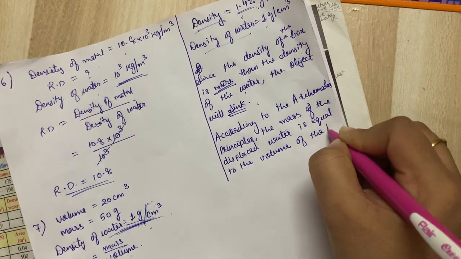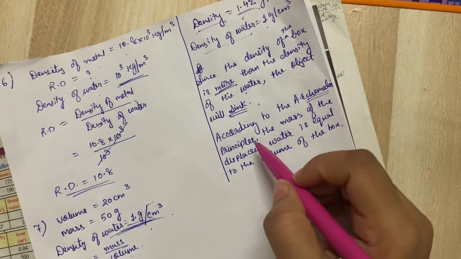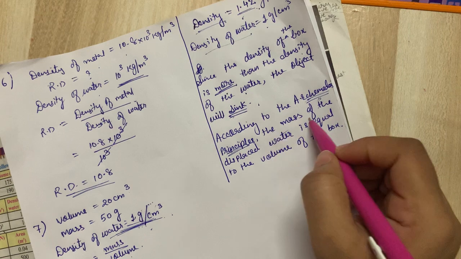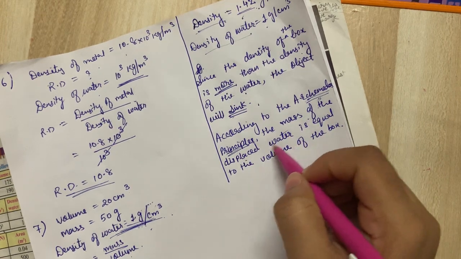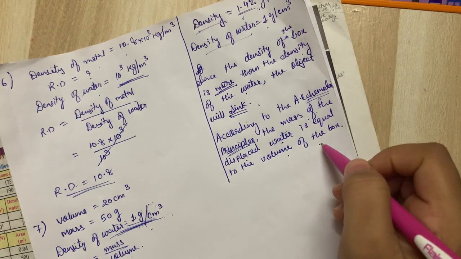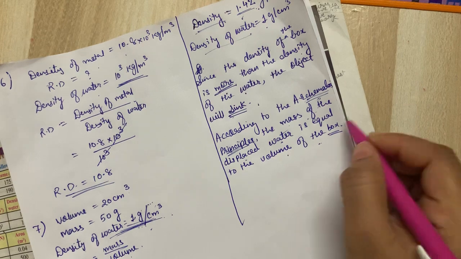Understood, students? We are writing this principle which you already learned, the Archimedes principle. According to it, the mass of the displaced water is equal to the volume of that object. Here it is given about the box, so it is the volume of the box.